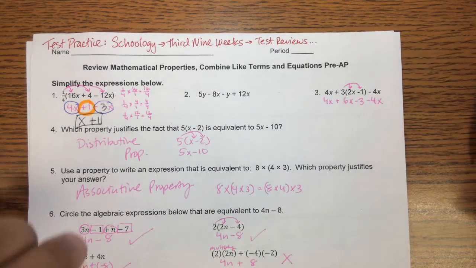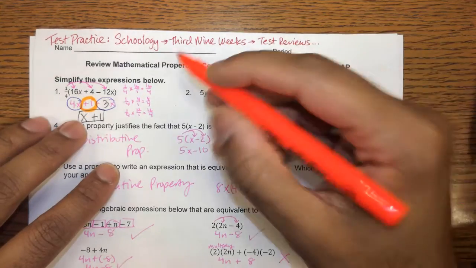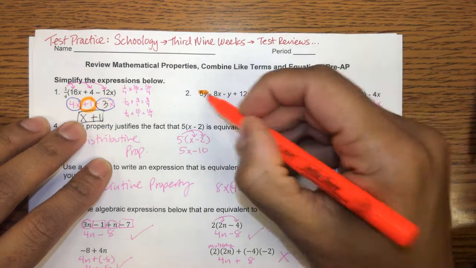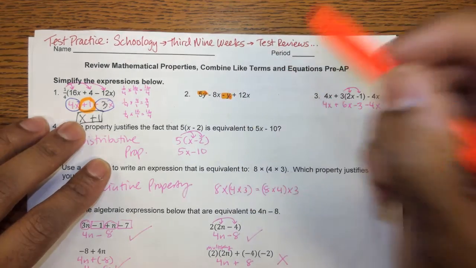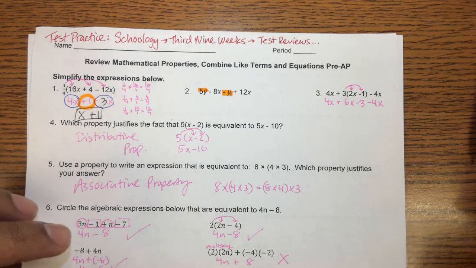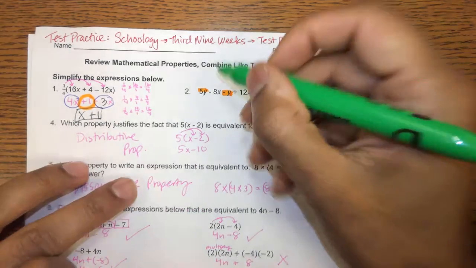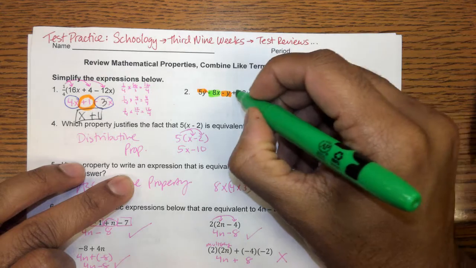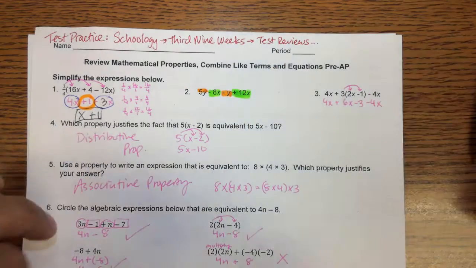Number 2, remember we can look at it using our colors. 5y can be combined with that -y. And along with that, I can combine my -8x with positive 12x.